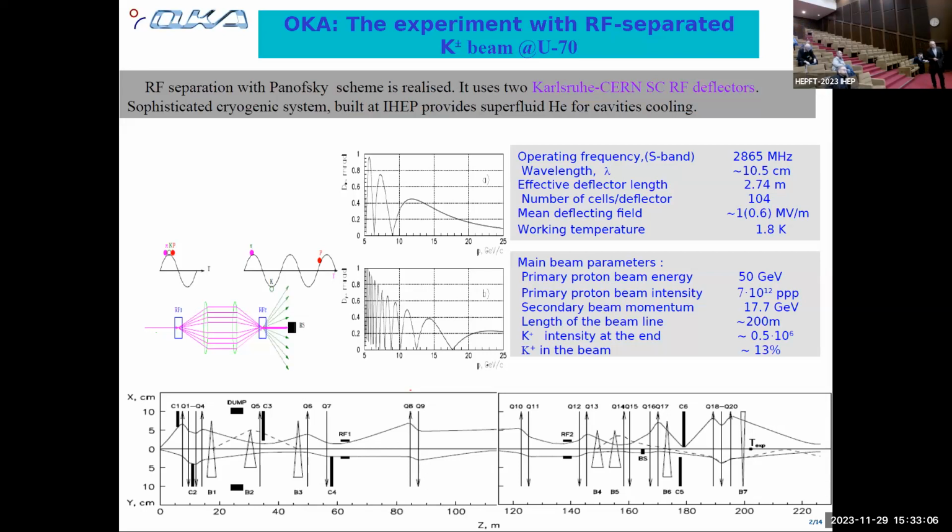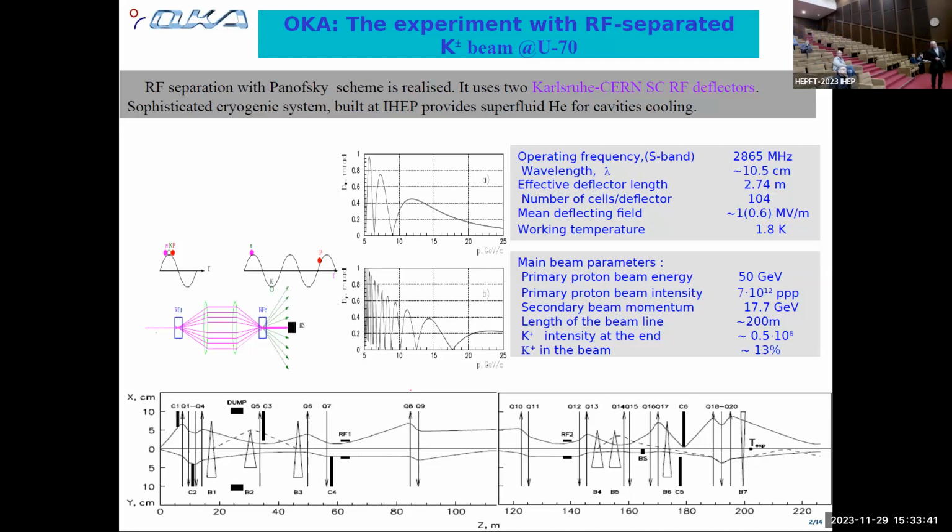And the idea is that you have some phase shift between these two cavities, and they shift the tune in such a way that unwanted particles, pion and proton, get no deflection after the two RF cavities, and they are absorbed by the beam stopper.